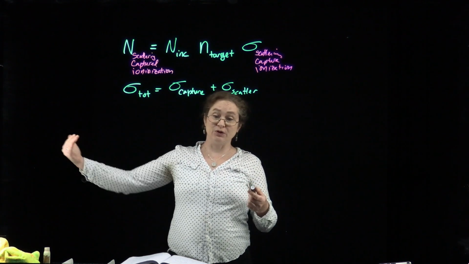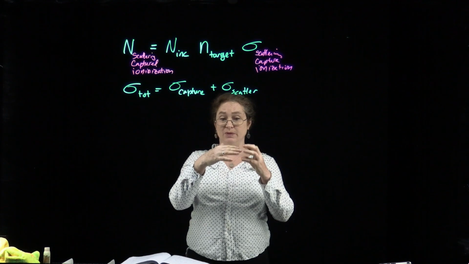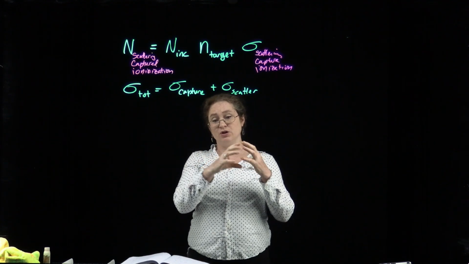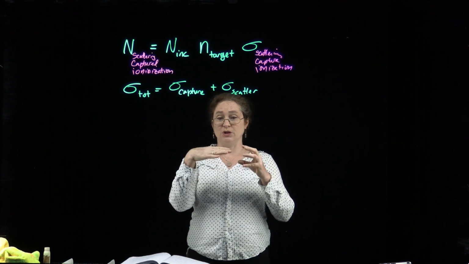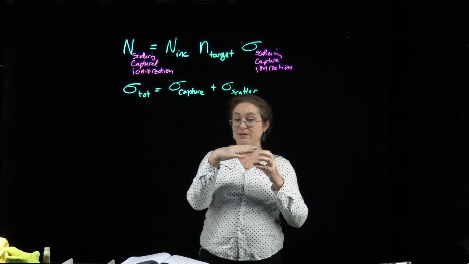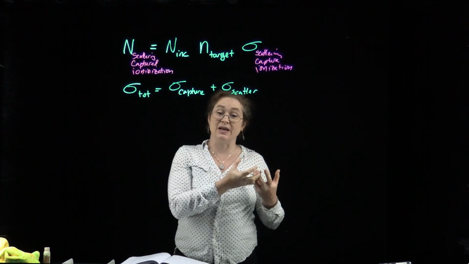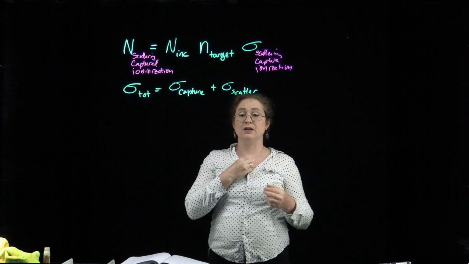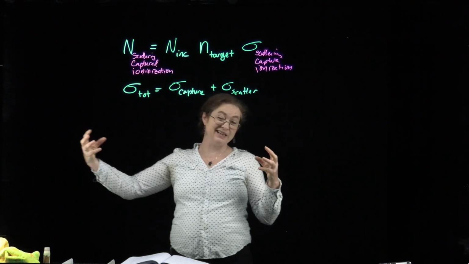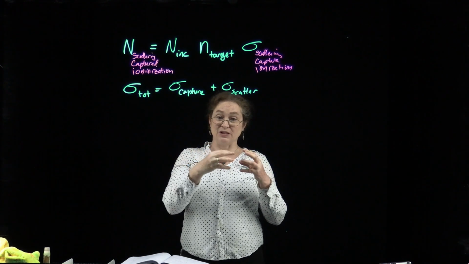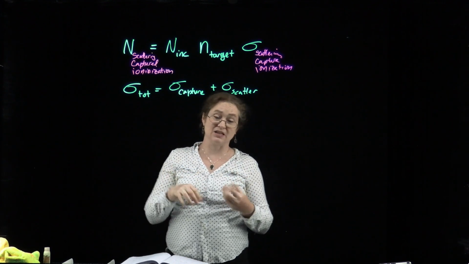So if your projectile comes in and leaves the target, and the internal motion of the target is largely unchanged, so the target might be knocked out and leave with some momentum but it's still the same target it used to be, then we call that an elastic collision. If the projectile comes in and does something so that the target no longer looks like it did before the collision, that is an inelastic collision.